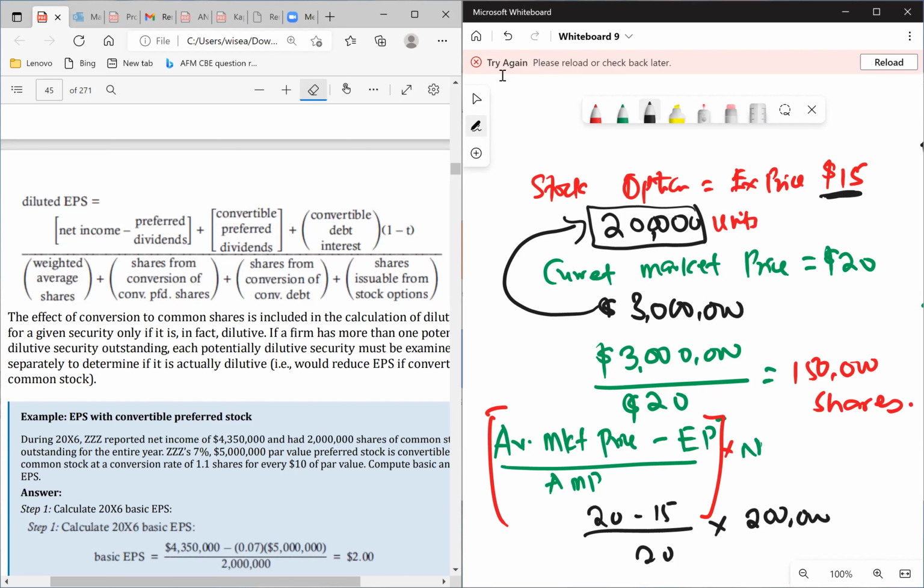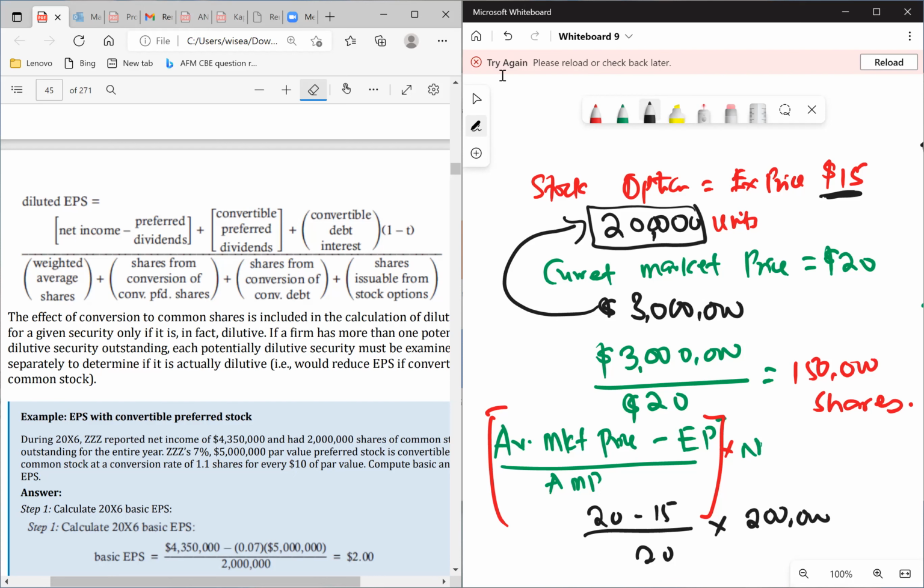So the tax adjusted interest on the convertible loan should be added. Then divide it by the weighted average number of shares you have, then shares from loan debt conversion, shares from preference conversion, and then the shares from stock options.